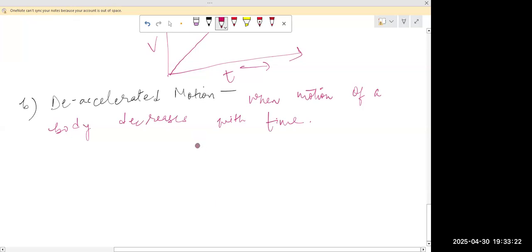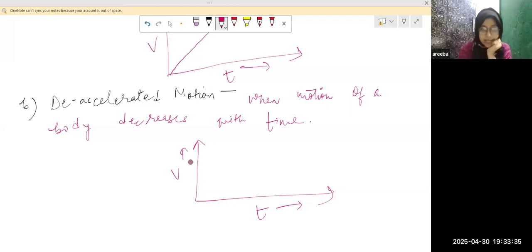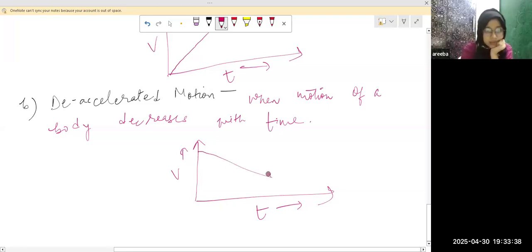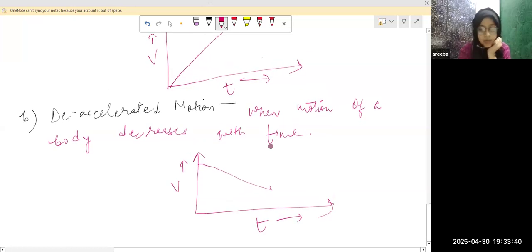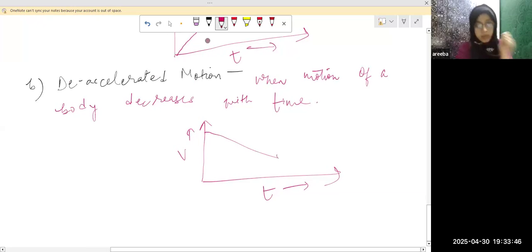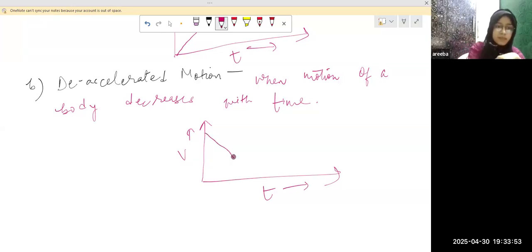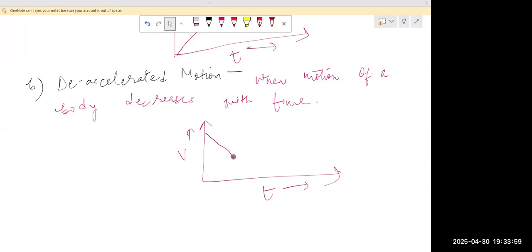How will I make the VT graph for decelerated? Up to down. Very good. Excellent. Like this, right? This is what you were saying. Just a second, let me mention it correctly.